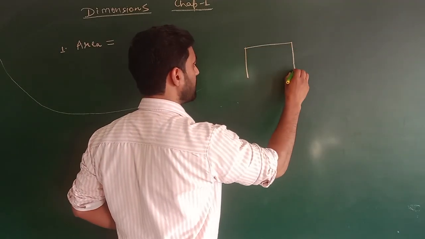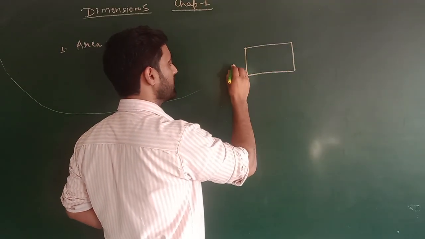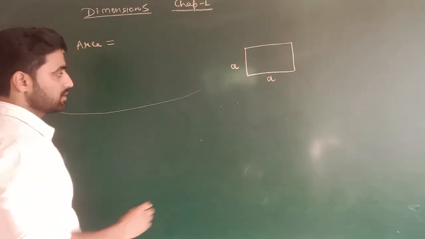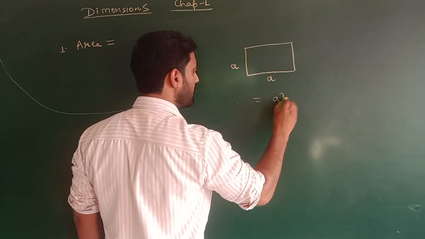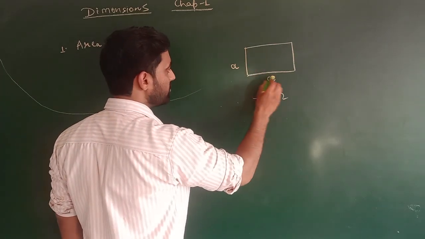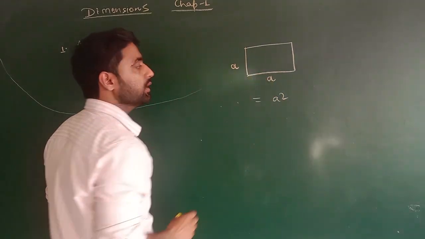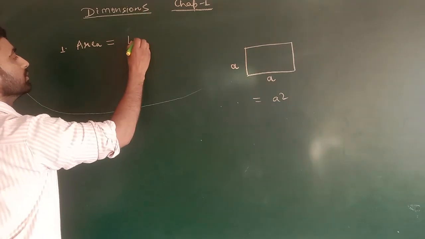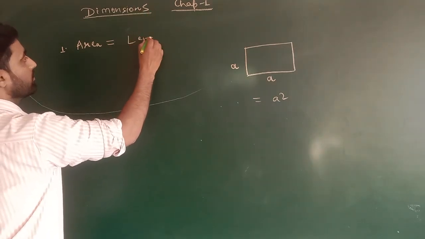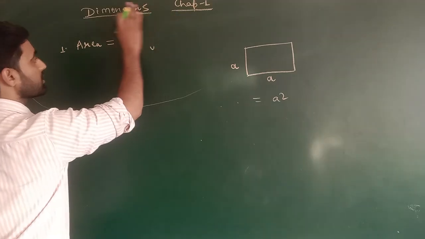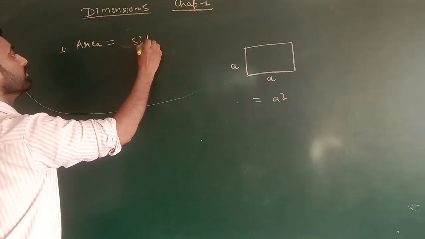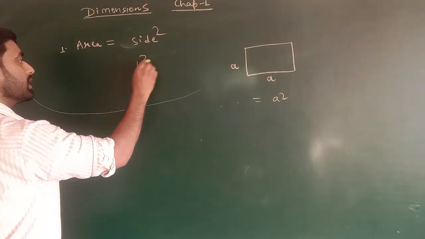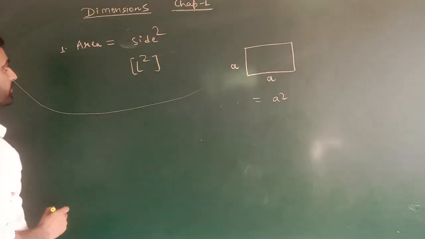If we are given a square of a side, its area will be side squared, and both length and breadth are lengths only. So this can be written as L square.